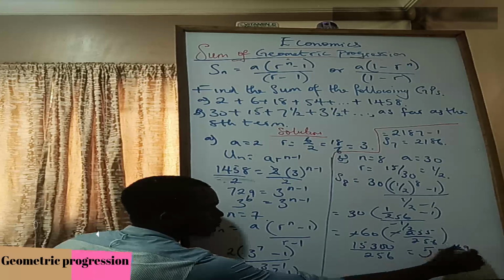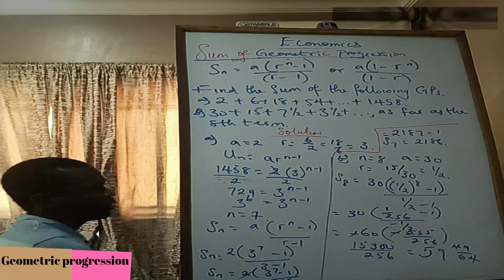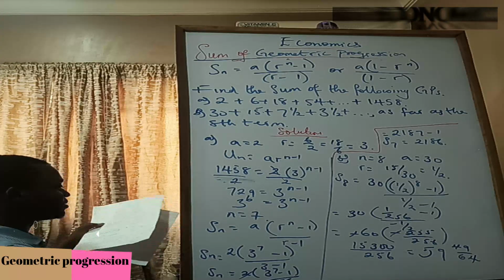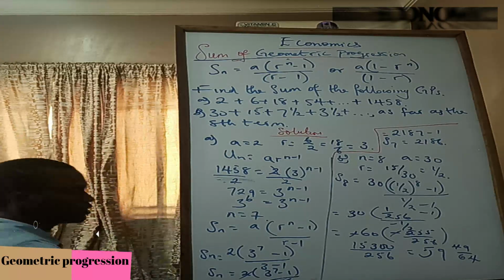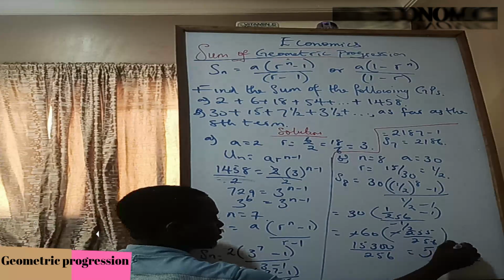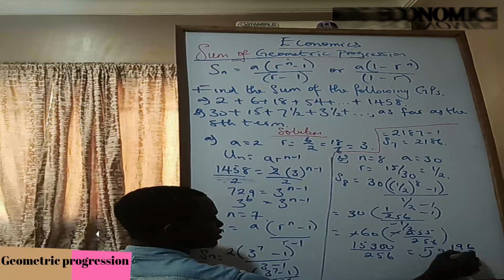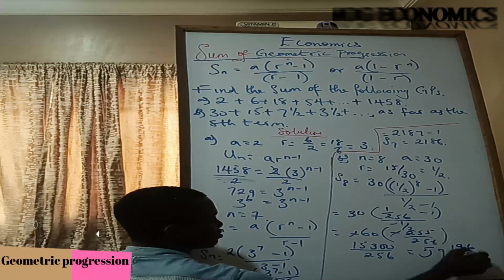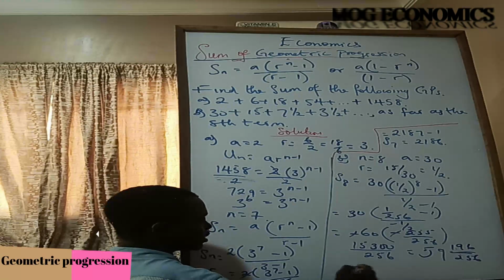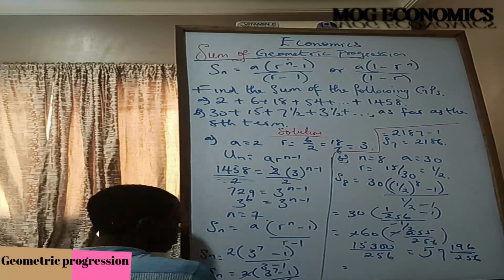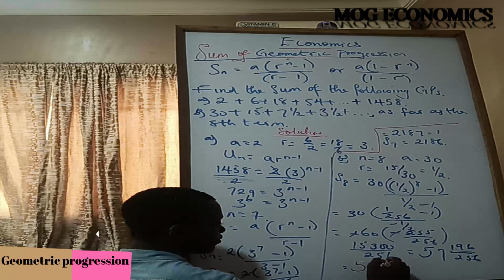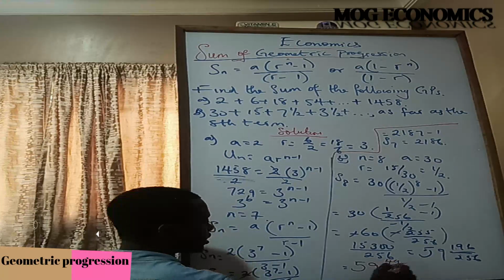Can you break that 49? Actually, it's 59 whole number, 196 over 256. But when you reduce 196 and 256, it's still eventually going to give you 59 whole number, 49 over 64.